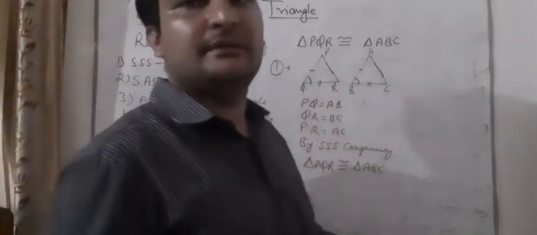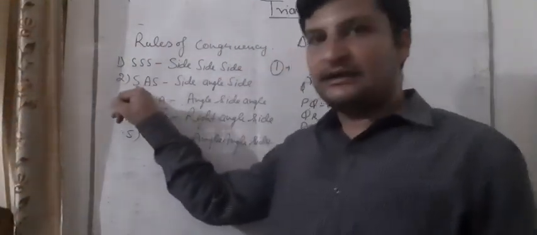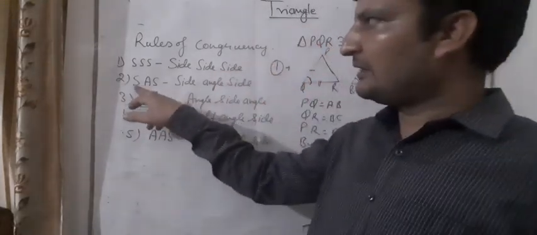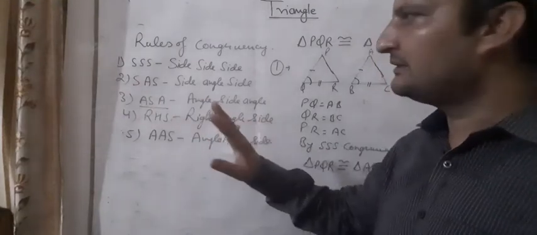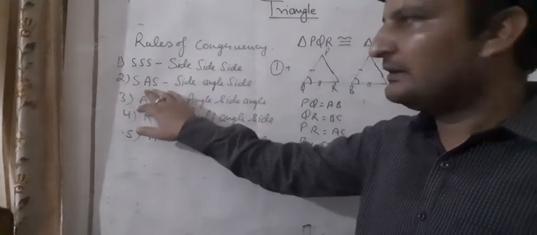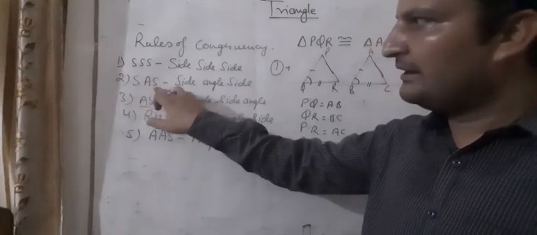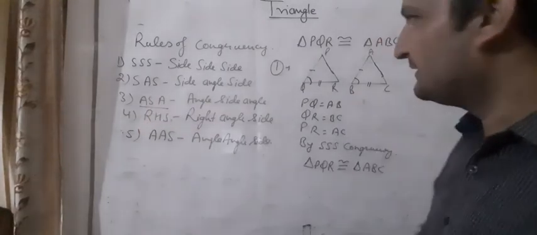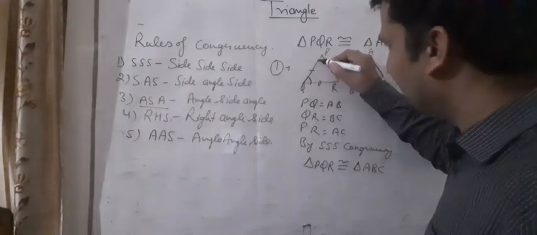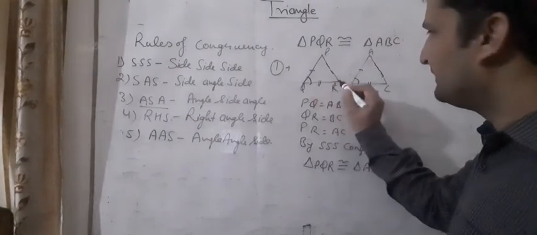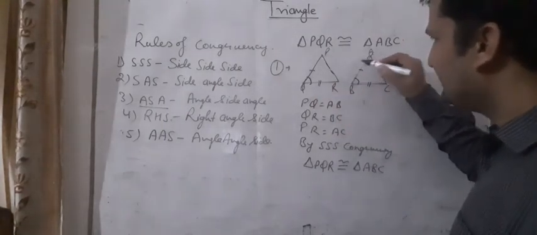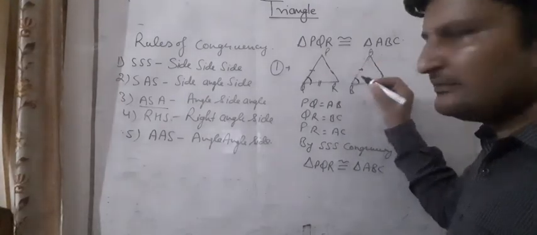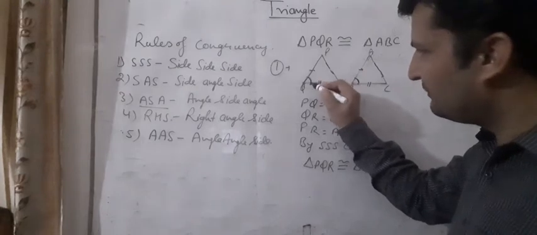Students, if it is written side angle side, it means the angle between the two sides should be equal. You cannot say that you equated any two sides and one angle. This is not the right way. You have to do it like this: side, included angle, and side, meaning the angle between the two sides must be equal. For example, if I take PQ, QR equal to BC and AB equal to PQ, and this angle is equal to this angle, understood, students? It means two sides and the angle included between them.